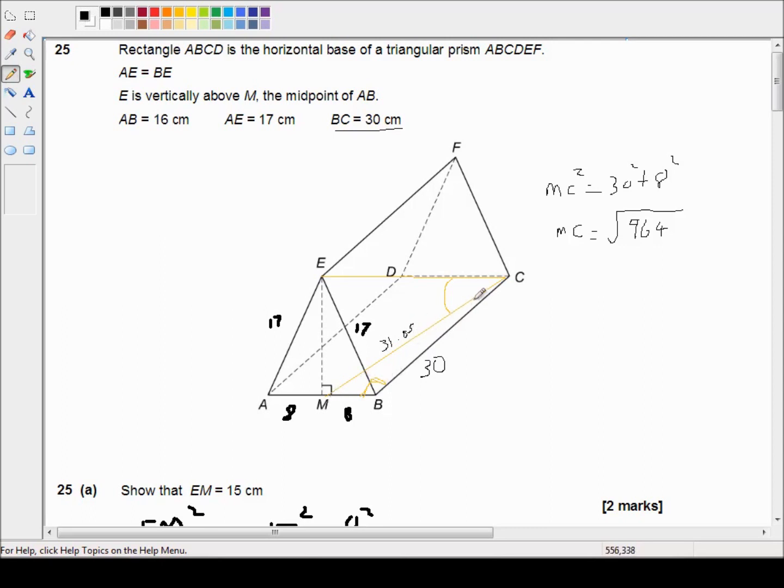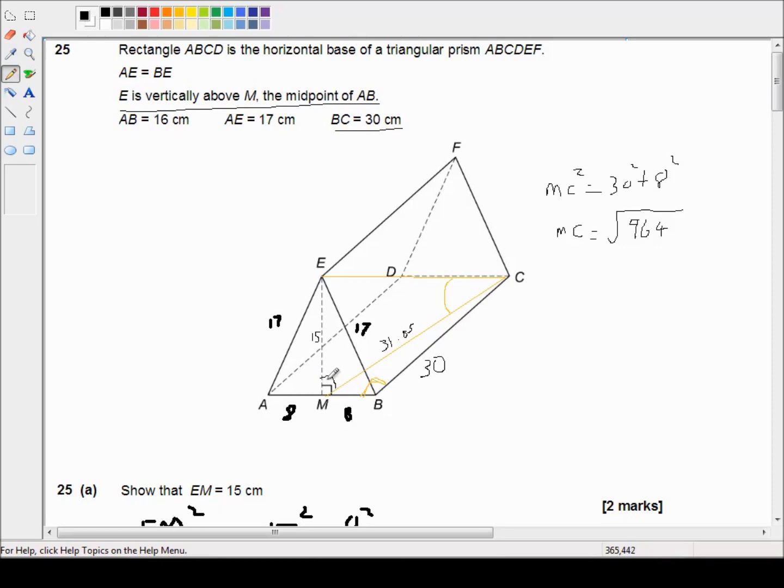Okay, so we've got MC is 31.05, and we know that ME is 15 because we calculated that, and it's also given in the question from part A. So we know that MC is going along the base of the prism, and E is vertically above M. So this is the horizontal base, EM is vertical, so therefore this angle here is a right angle.